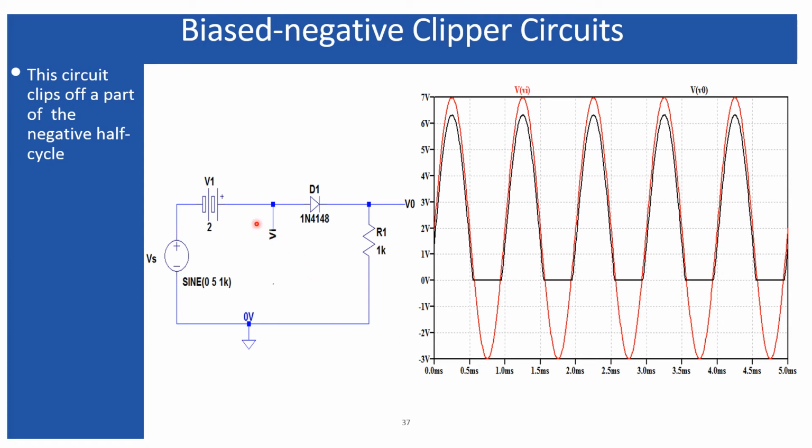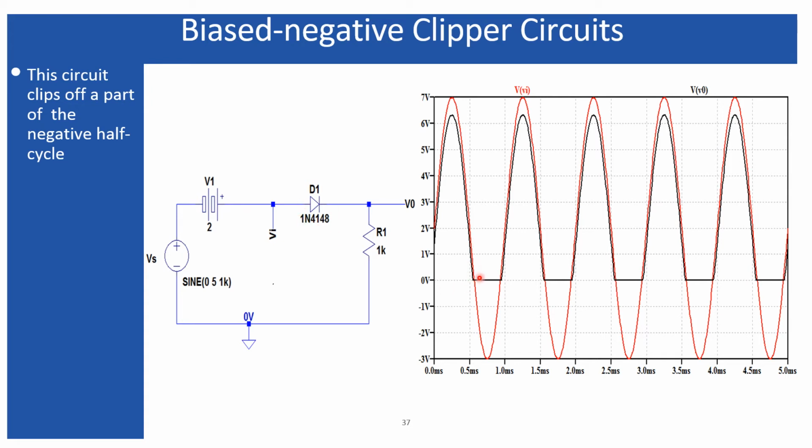Since it is a negative clipper, it is going to clip off the negative half cycle. Now the negative half cycle is defined by the voltage across Vi only. So the negative half cycle will start from over here. Up to this 0 volt, it will remain in forward bias, because when the signal is 0, this voltage keeps the diode in forward bias.